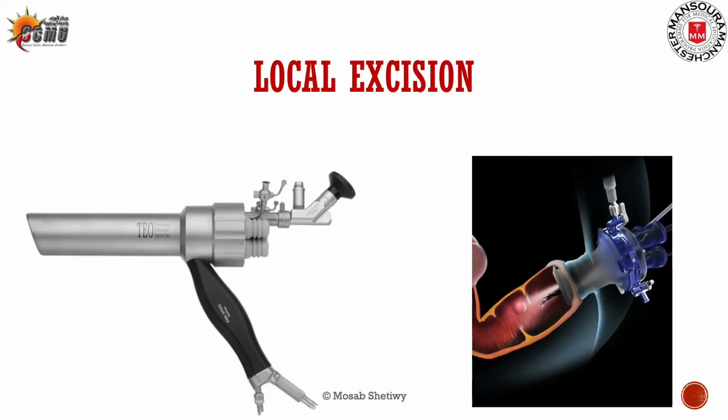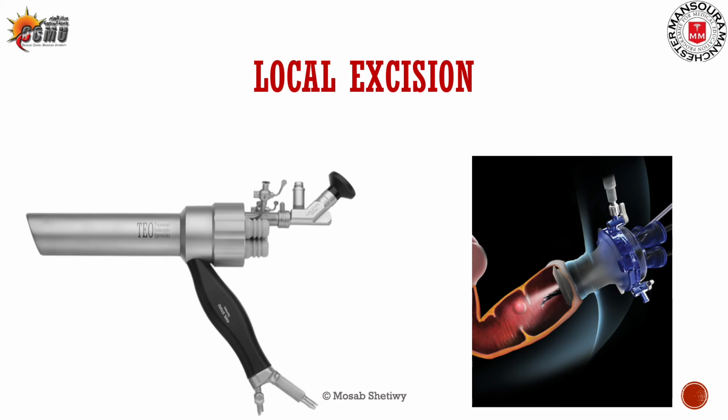Local excision is performed, as we mentioned before, either as transanal excision with a proctoscope, where the surgeon tries to remove the ulcer or the lesion with a safety margin, and this will be enough if we followed the criteria that we've mentioned before for local excision of early or superficial tumors.